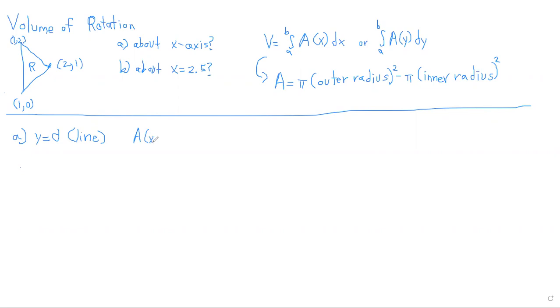A of x is equal to pi times the outer radius squared minus pi times the inner radius squared.